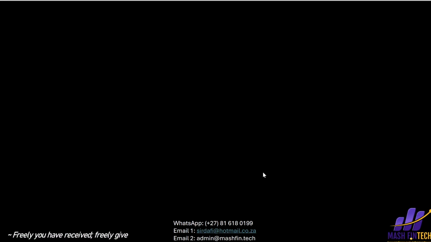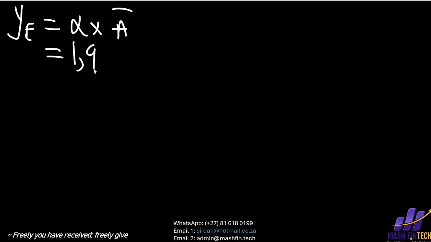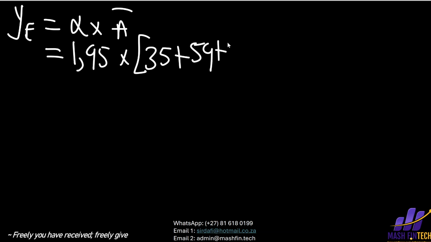Therefore, your equilibrium level of income is going to be the multiplier times total autonomous spending, which is 1.95. That is our multiplier. Total autonomous expenditure is the autonomous consumption plus the investments, which are autonomous, plus the expenditure by government, which is this. Okay.